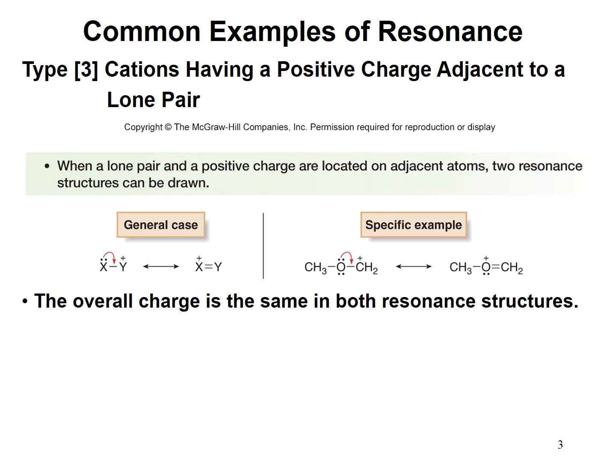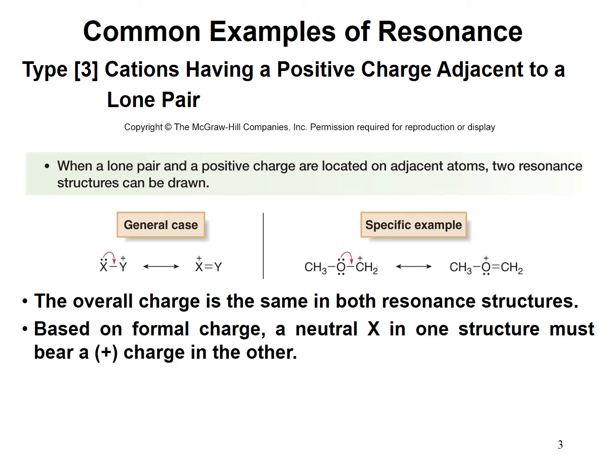The overall charge is the same in both resonance structures in this case. The formal charge is going to change a little bit as we go through. The neutral X in one structure must bear a positive charge.